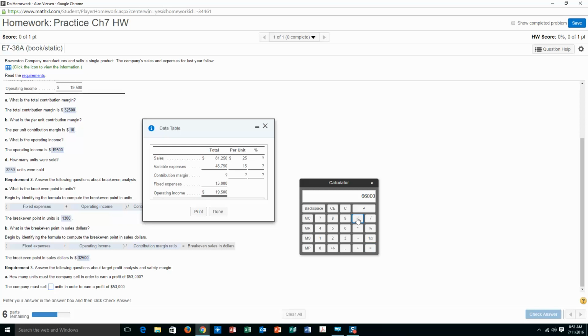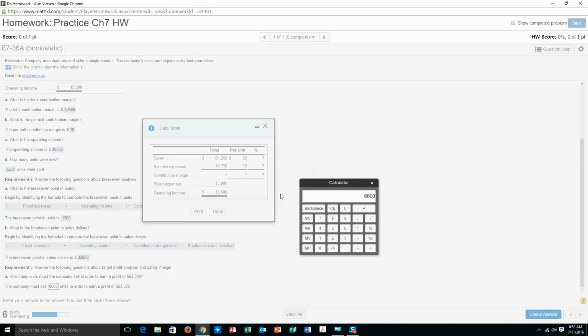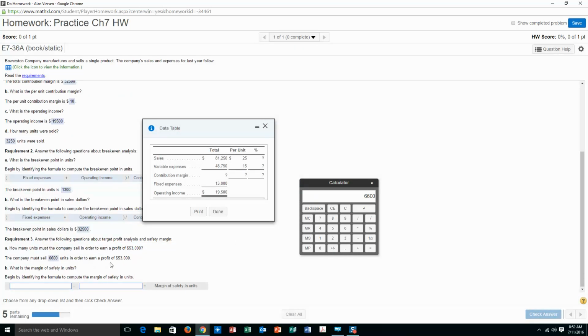I'm going to divide this by 10, because my contribution margin per unit is 10. So I have to sell 6,600 units in order to have $53,000 worth of profit.